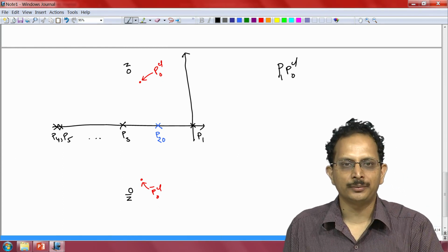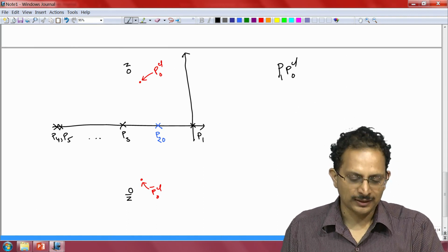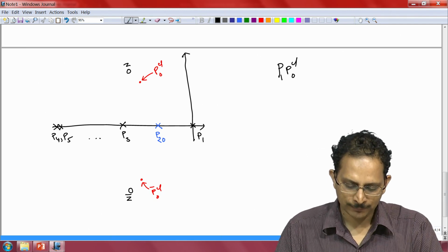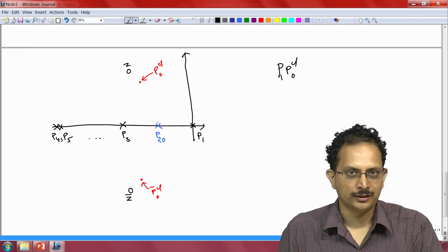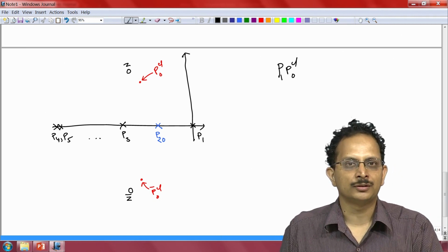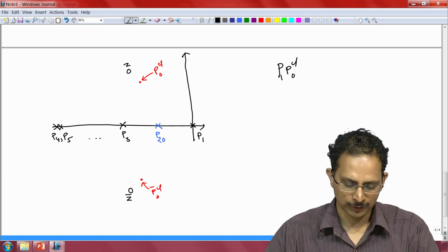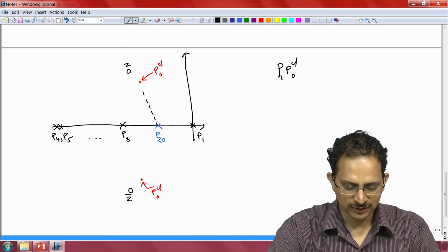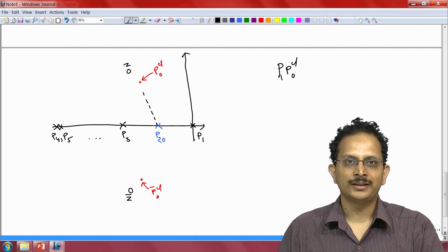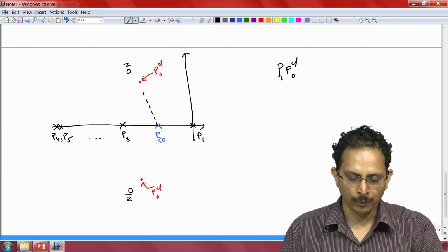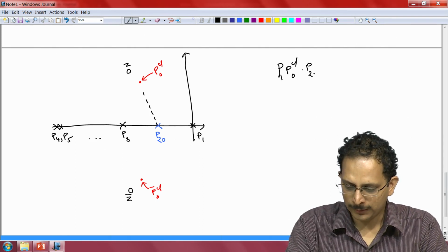So this is the term S. Similarly, the term S plus 1 evaluated at the point PCL naught will essentially be the complex number starting at the point P2 naught, which is the nominal location of the pole that is wandering about, and that nominal location is at S is equal to minus 1. So this distance P2 naught PCL naught represents the complex number S plus 1 evaluated at the point PCL naught. So the second term is going to be P2 naught PCL naught.